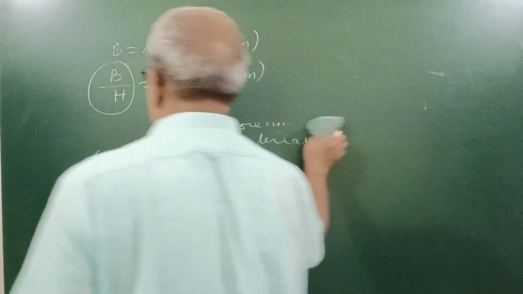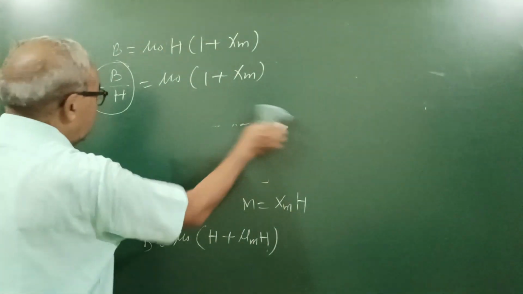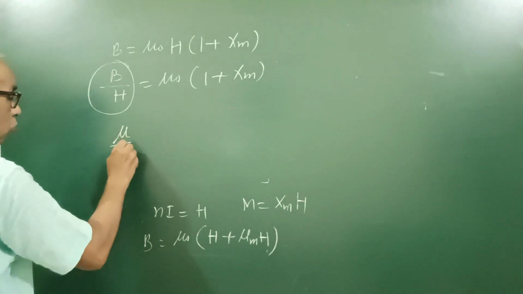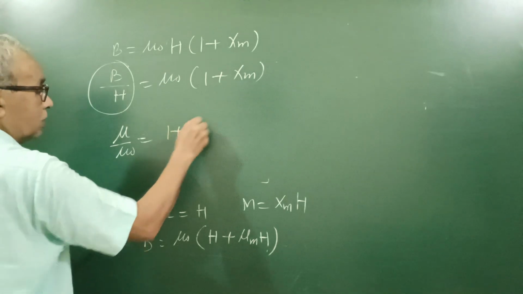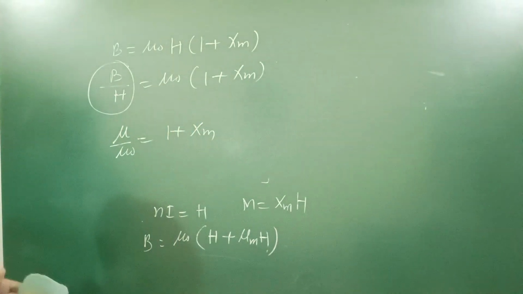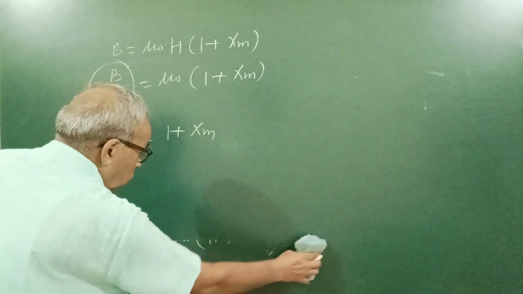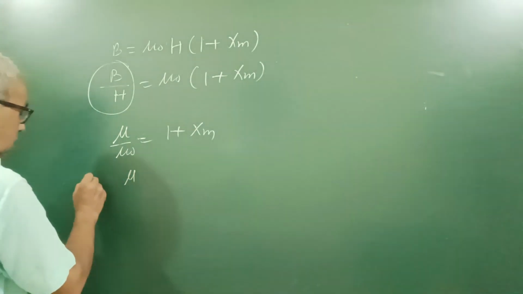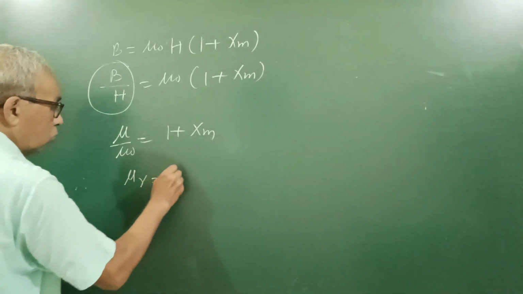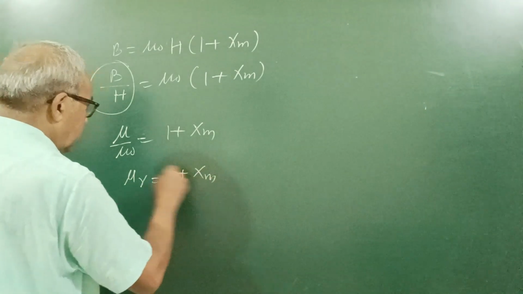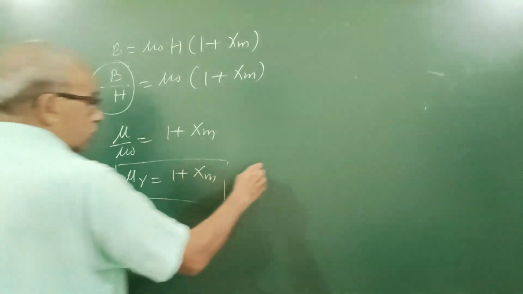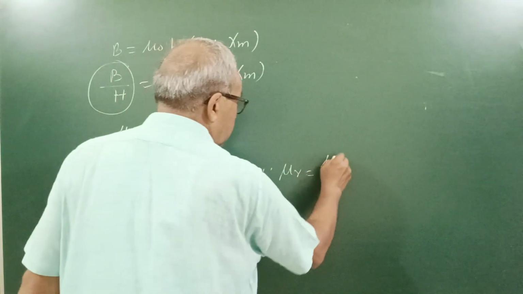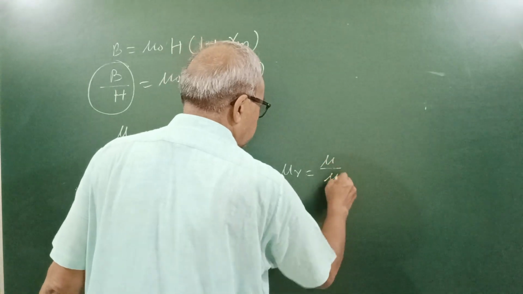My first heading was magnetic permeability. It is mu, so mu upon mu 0 equals 1 plus chi m. But mu upon mu 0 is equal to mu r. Hence mu r is equal to 1 plus chi m, since relative permeability mu r is mu upon mu 0.